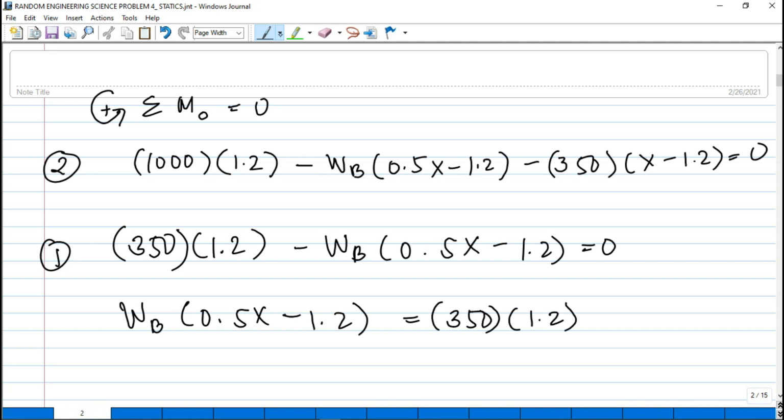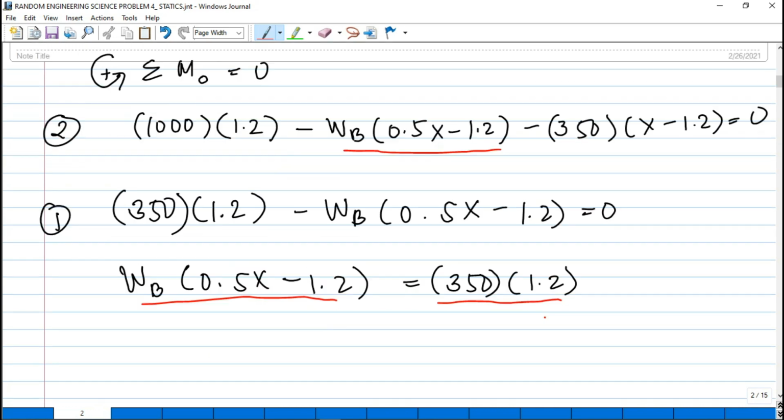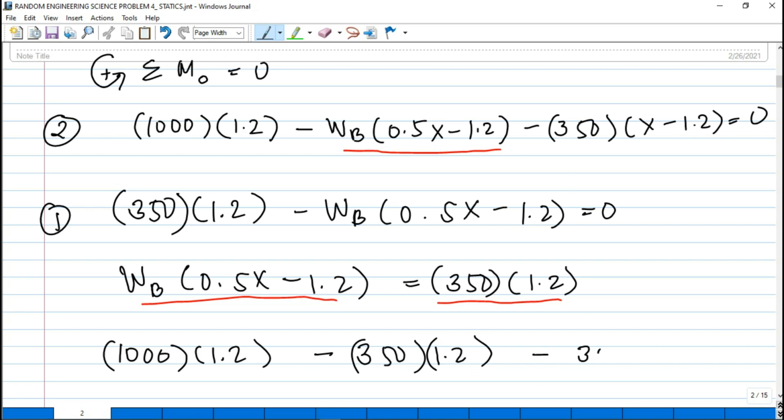Ayun. So this value, ilipat lang natin siya, substitute natin tong value doon sa equation 2, reducing your equation into a one unknown equation. So we have here 1,000 from equation 2, 1,000 times 1.2, minus ang W sub B times 0.5x quantity minus 1.2, that is just 350 times 1.2. Okay, so we have here minus 350 times x minus 1.2 equals 0.